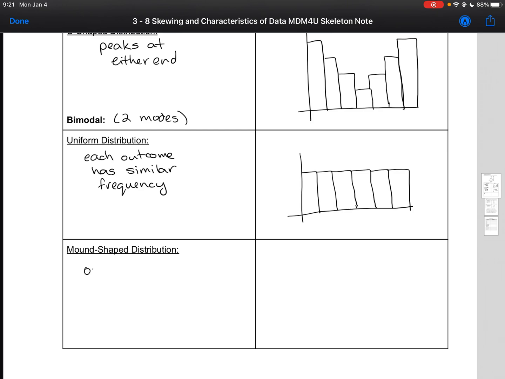The third one is a mound-shaped distribution, which is where one bar has the greatest frequency, and the frequencies decrease on either side of that.